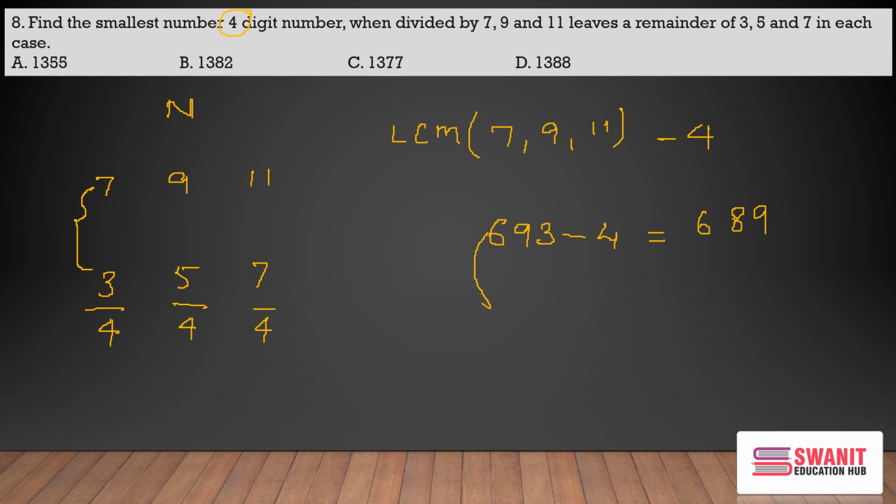So when we do not get a four-digit number from here, we multiply it with the next value, and therefore 693 multiplied by 2 gives me 1386, which is a four-digit number, minus 4, and therefore my value is 1382. That is option number B as my answer.